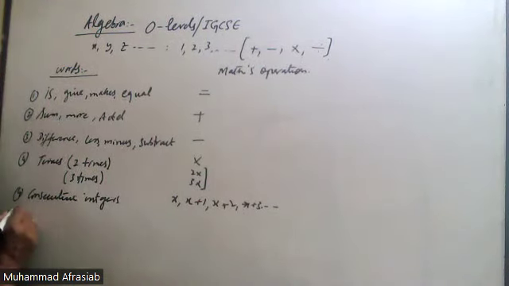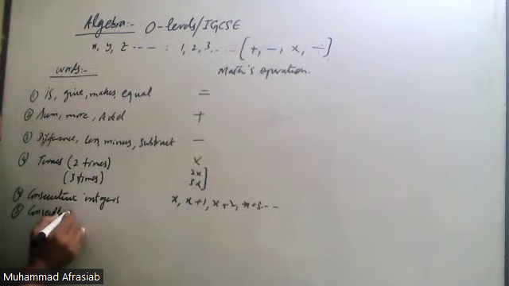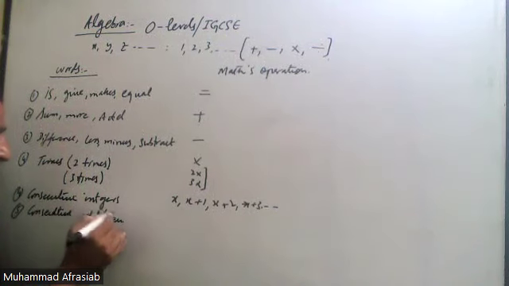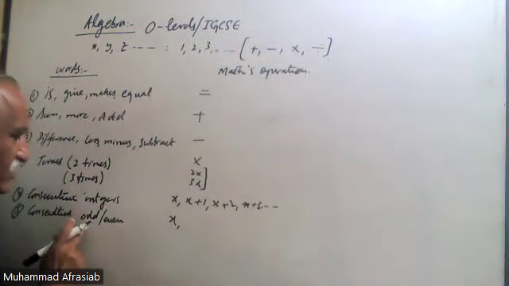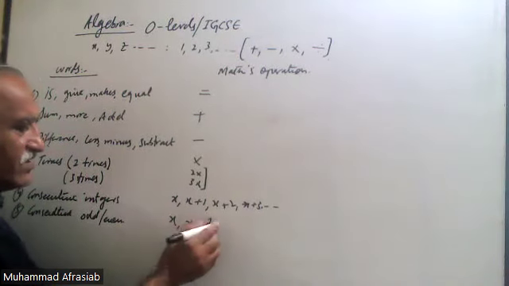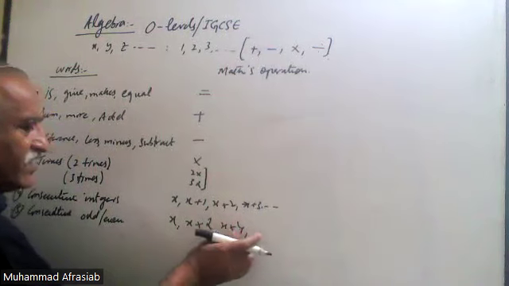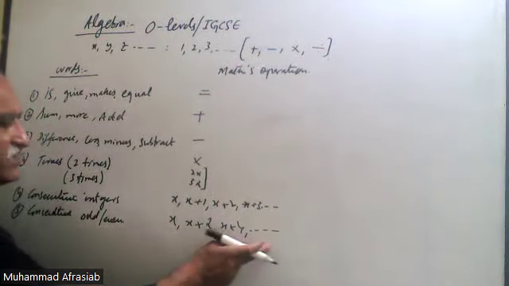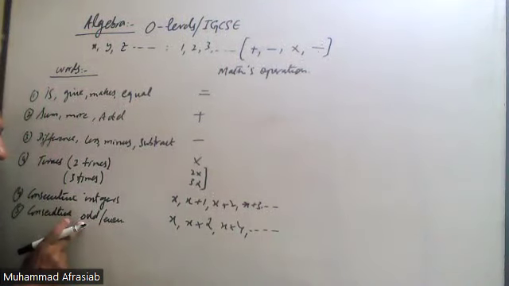If they use the word consecutive odd numbers or even numbers, then if the first number is odd, and we add 2 to that, it will be the next consecutive odd number. If we add 4 to that, it will be the next after that. So if x is an even number, then all even numbers will come, and if x is an odd number, then all odd numbers will come there.